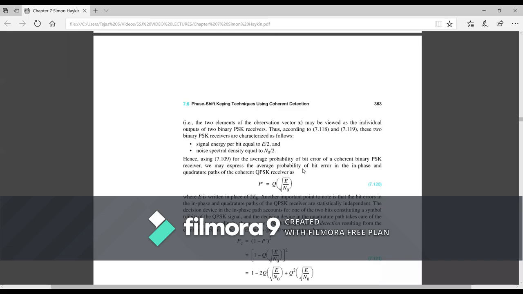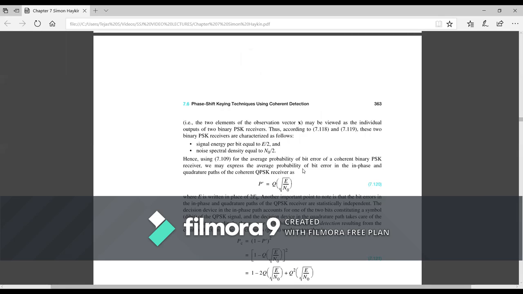Now the average probability of symbol error calculation. In the binary PSK system, we have already calculated that, and we know that the QPSK receiver is equivalent to 2 binary PSK receivers working in parallel and using 2 carriers that are in phase quadrature.